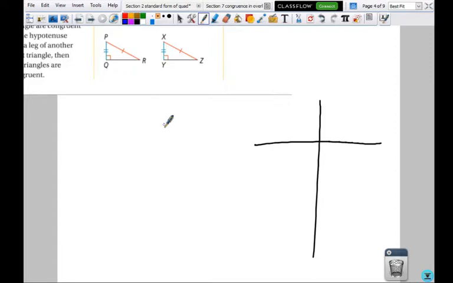I need to show that I have 2 right triangles, and that's pretty easy. All I really need to do is say triangle PQR and triangle XYZ are right. And then my reason, I could do a couple things.